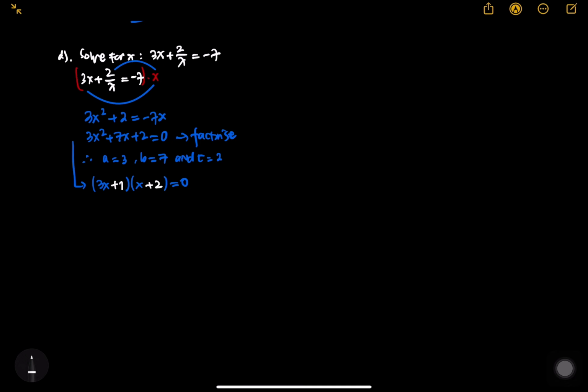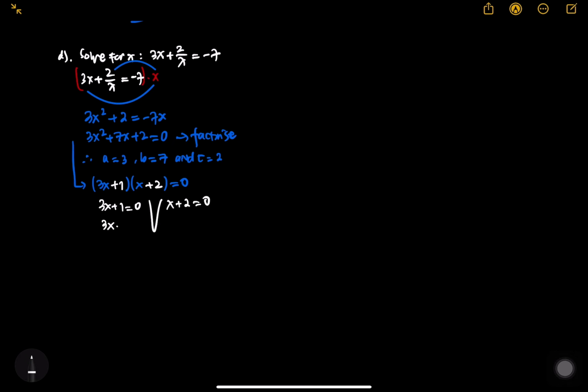See, we can factorize it, and after you expand the brackets you will find out exactly. Now 3x plus 1 equals 0, or x plus 2 equals 0.